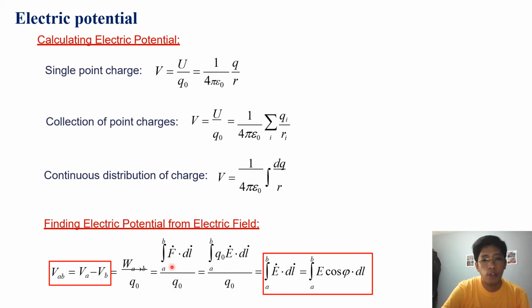But remember that your force is given by your Q naught E. So this term here becomes Q naught E dot dl over Q naught. And dividing your Q naught by your Q naught, you're just left with the integral of E dot dl, where you have your E cosine theta dl. So you can use this to find the electric potential given the electric field E.